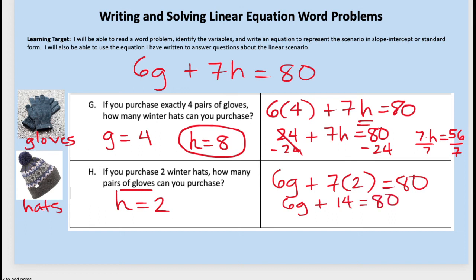Using inverse operations, I'll subtract 14 from both sides. Then I get 6G equals 80 minus 14, which is 66. Last step is to divide both sides by 6. 66 divided by 6 is 11. So if I buy 2 winter hats, I have enough money to buy 11 pairs of gloves.